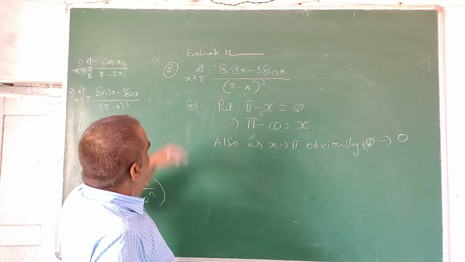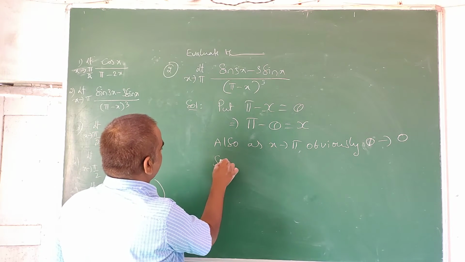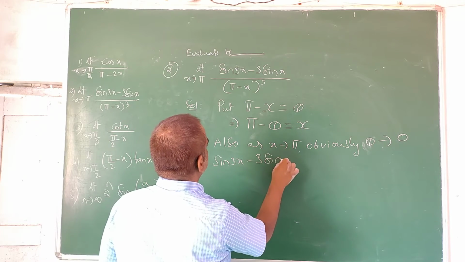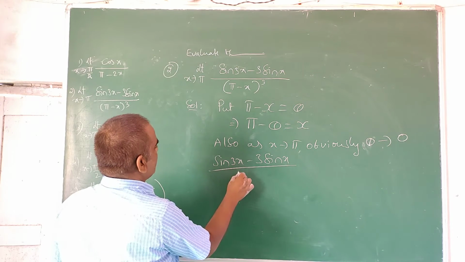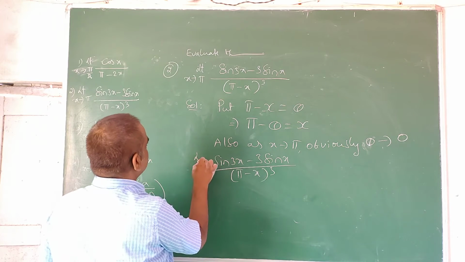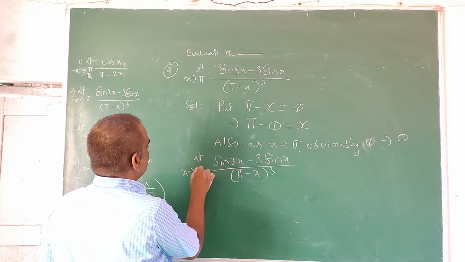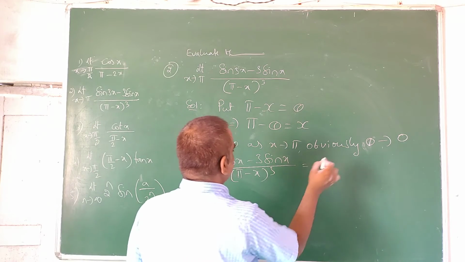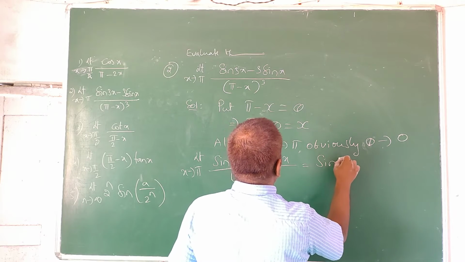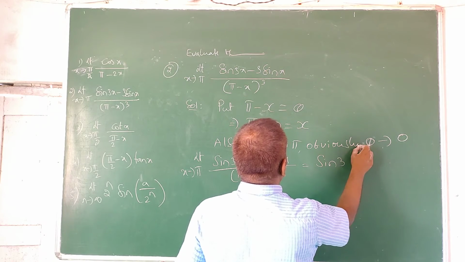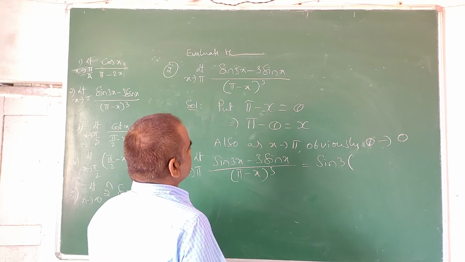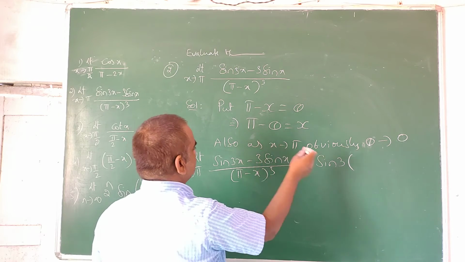So now take the given problem, sin 3x minus 3 sin x by pi minus x whole cube, limit x tends to pi. Now take this given limit and change the variable. Now sin 3 into x. What is x? Here just now we have seen x is equal to pi minus theta.